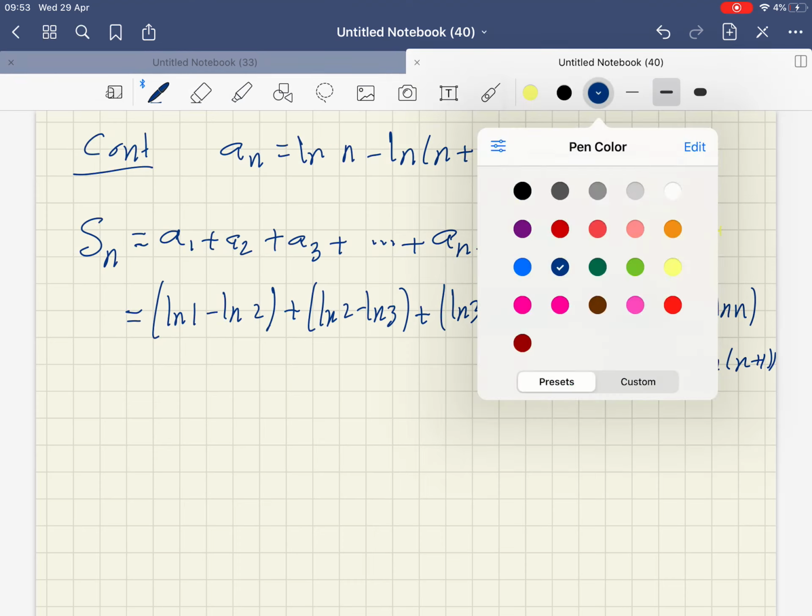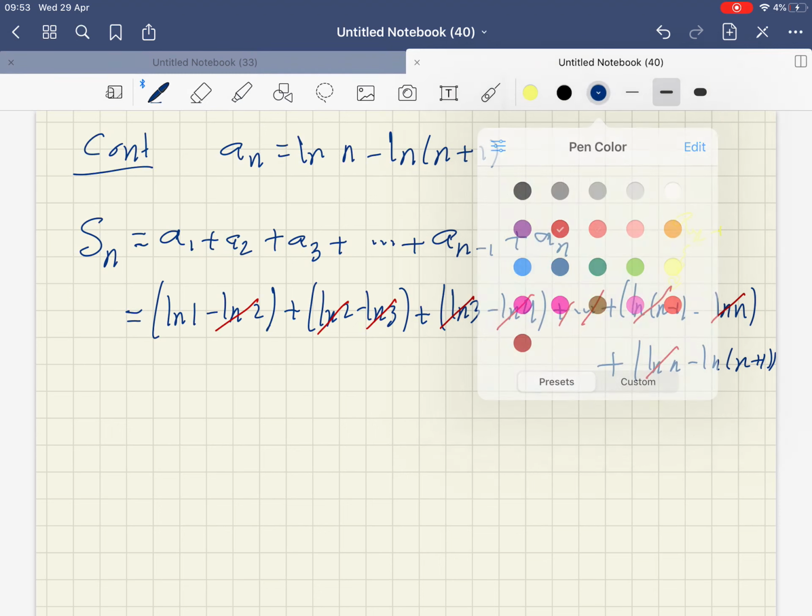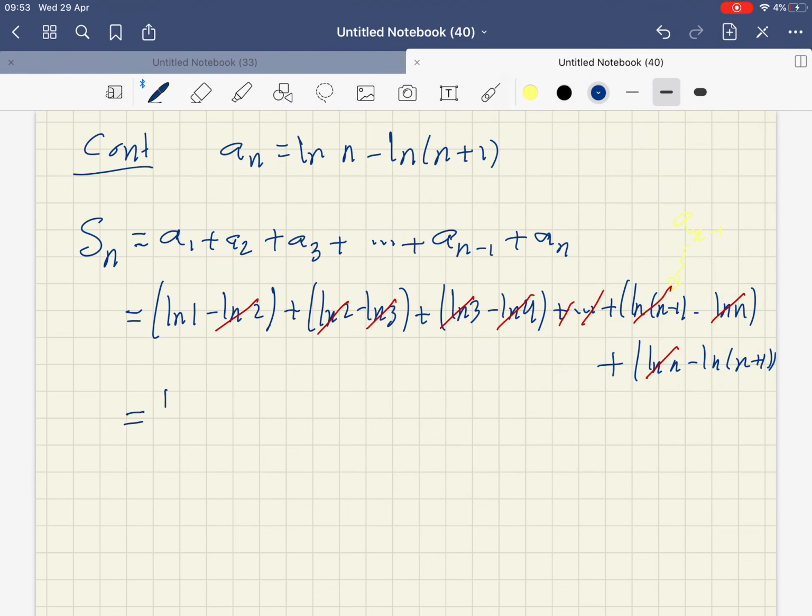All of those terms will get cancelled, and the terms that survive are the first one and the very last one. And that is Sn.